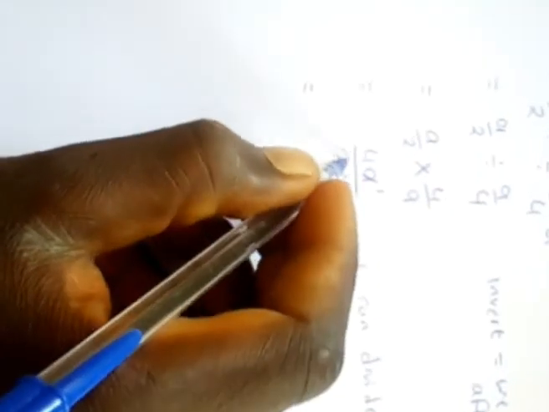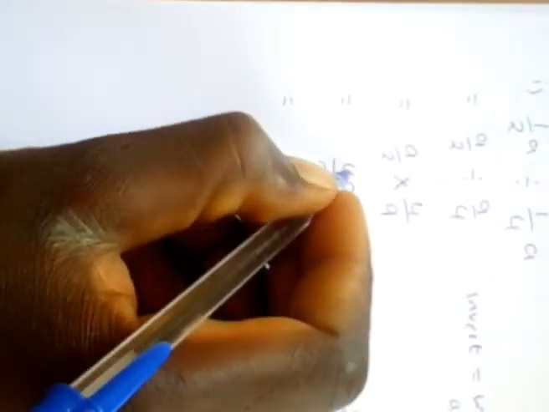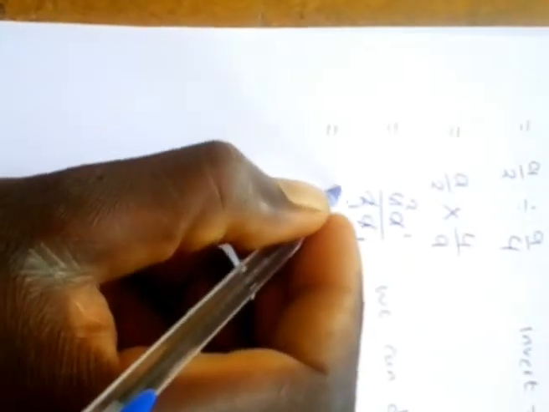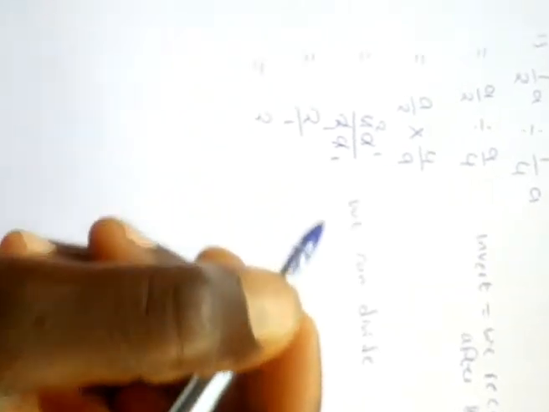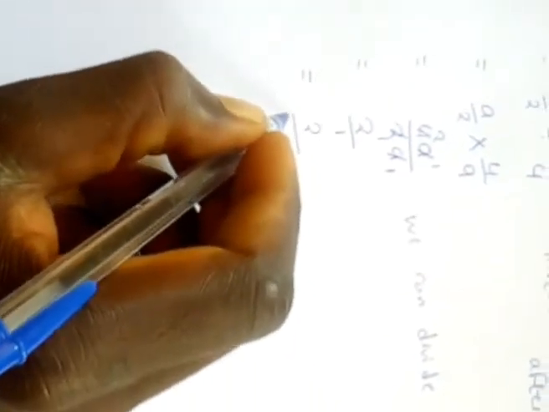Then 2 into 2 is 1, and 2 into 4 is 2, which gives 2 out of 1, so our final answer is 2. So we have simplified the algebraic fractions, and this one has given us the outcome 2.